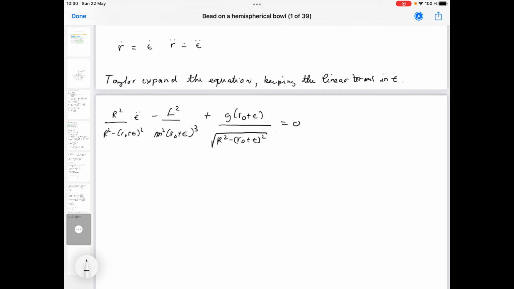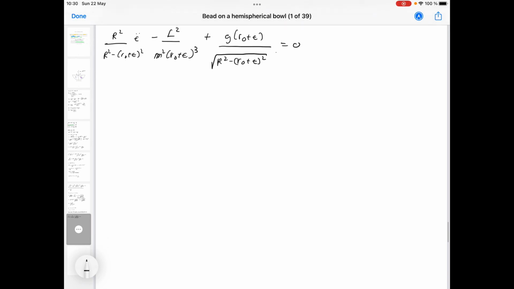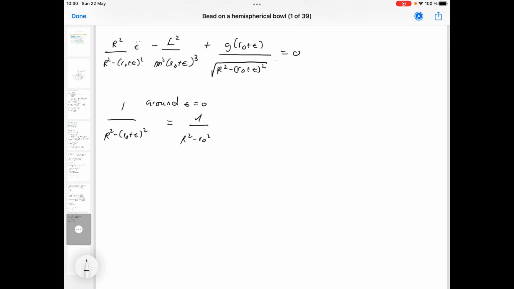So what we could start to do is approximate the different terms. So we see that in this denominator, we're going to have to approximate 1 over R squared minus R naught plus epsilon squared around epsilon equals 0, because we're considering small deviations. And so if we use the Taylor series, that would just be equal to 1 over R squared minus R naught squared. And then we'd have to differentiate this expression. But if we differentiate this expression, we'll have an epsilon on top.